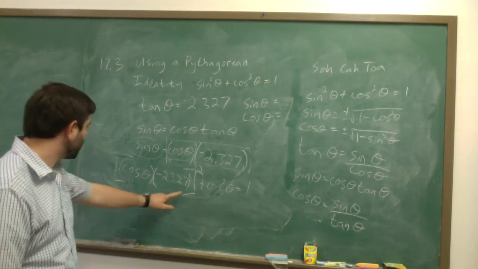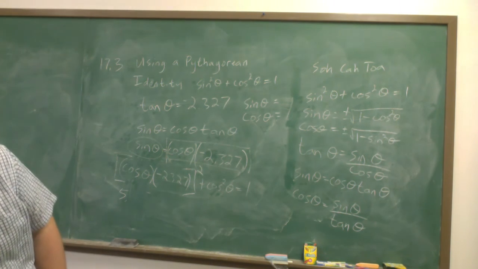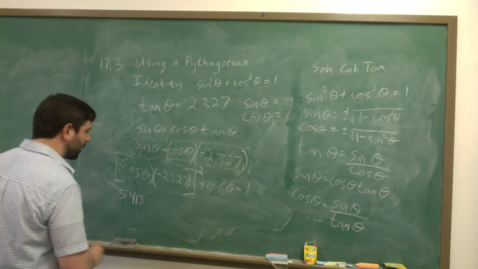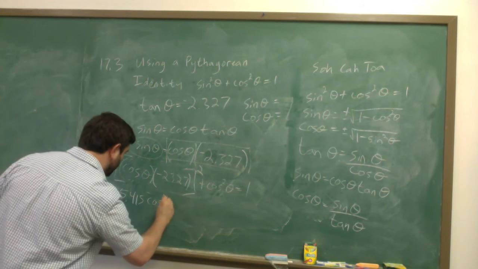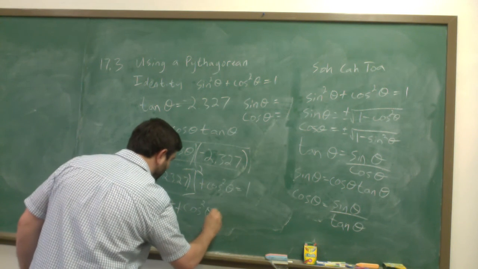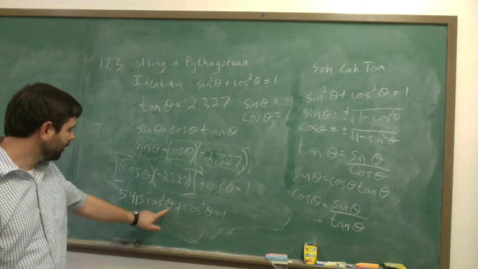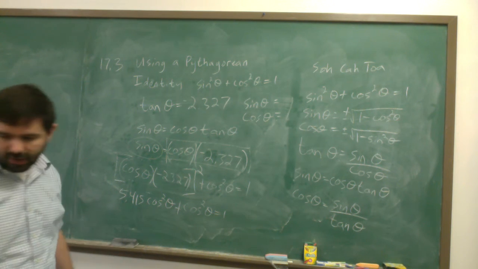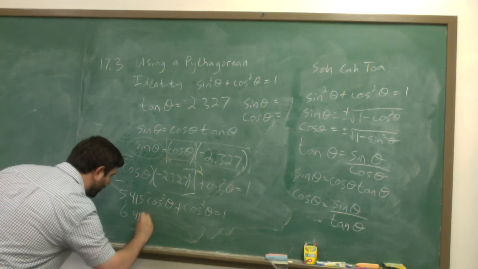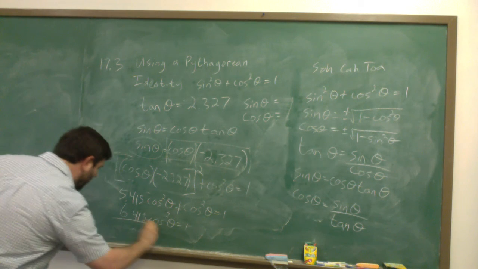Okay, so when we square this side, we're going to get 5.415 times the cosine squared theta plus cosine squared theta equals 1. So that many cosine squared thetas plus another one is going to be 6.415 cosine squared theta equals 1. And then we can divide.